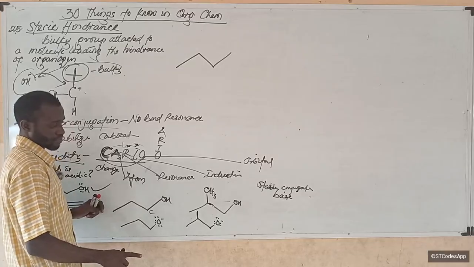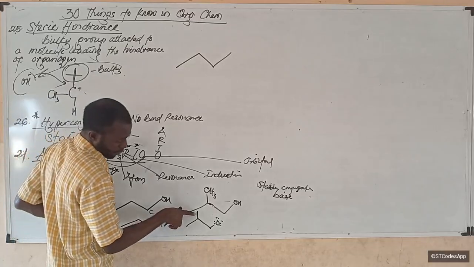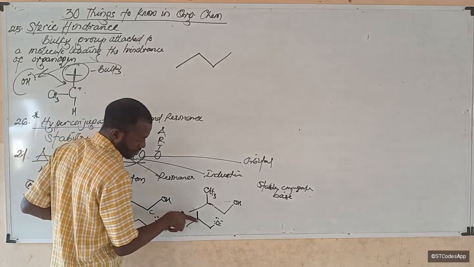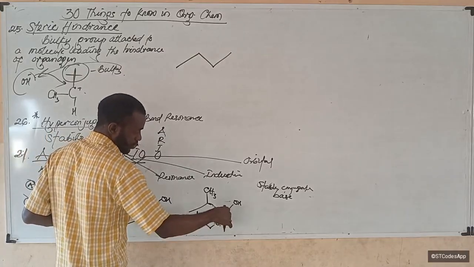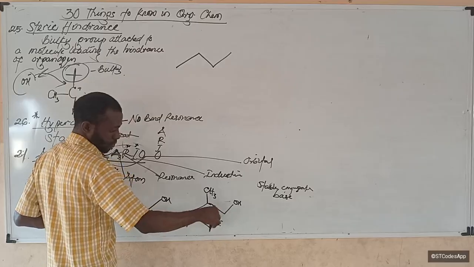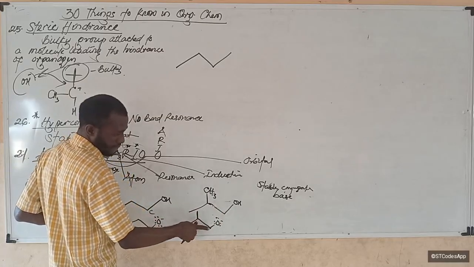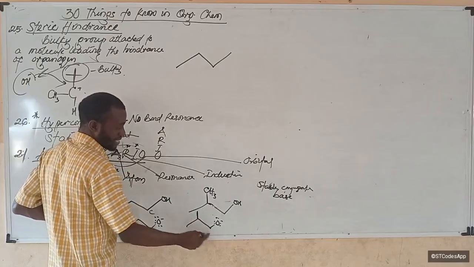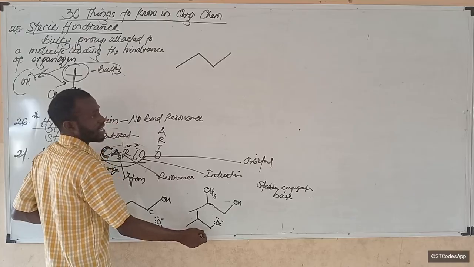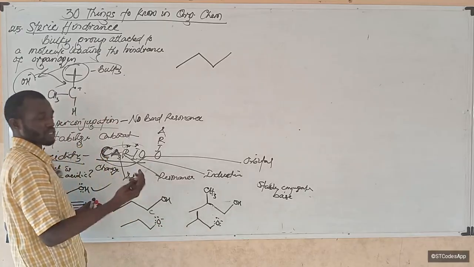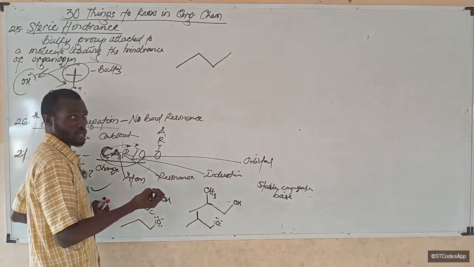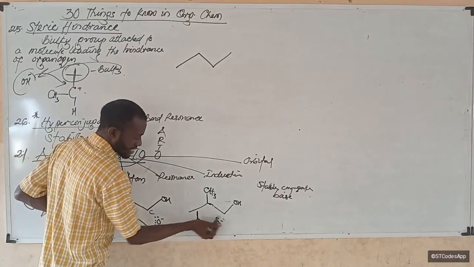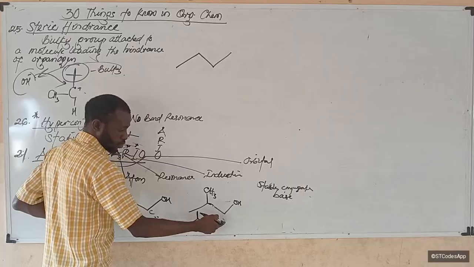And of course, because of this positive effect, this one is donating electron density towards here. This one too is donating electron density towards this side, the same carbon. This carbon is not an electron withdrawing group, so it cannot help to stabilize this negative charge as much.